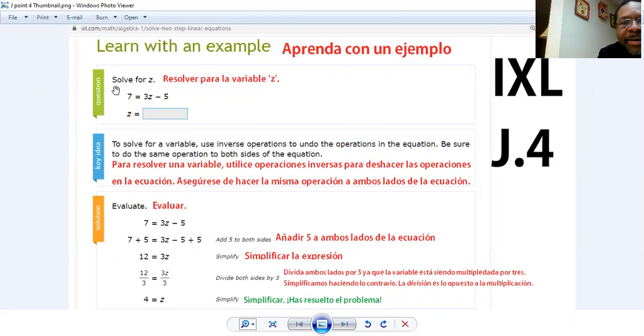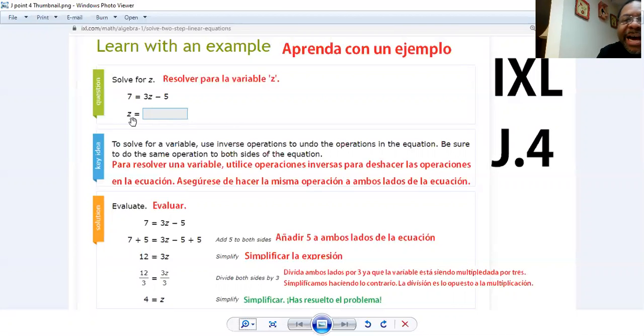All right, you need to solve for Z in this problem. What is Z? Z is a variable that stands for a number. To solve for a variable, use inverse operations to undo the operations in the equation.